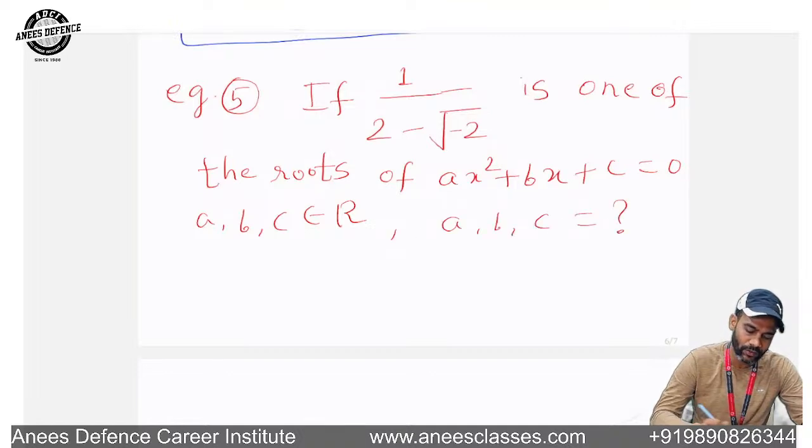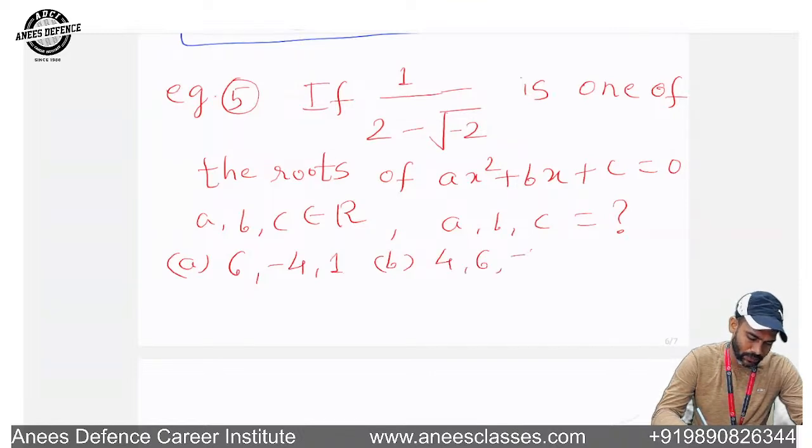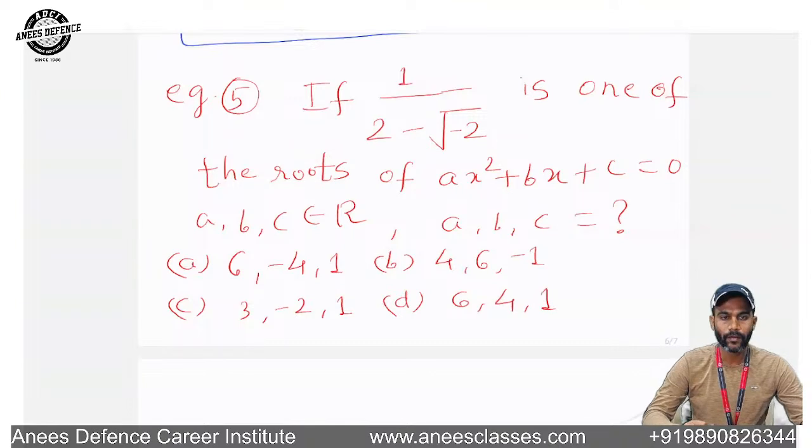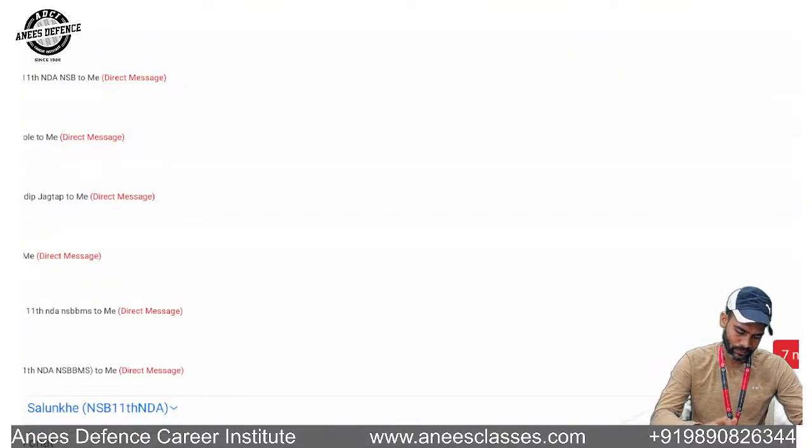We have to find out the values of a, b, c. The options are: A, 6, minus 4 and 1. B, 4, 6, minus 1. D, 6, 4 and 1. Please try to solve.